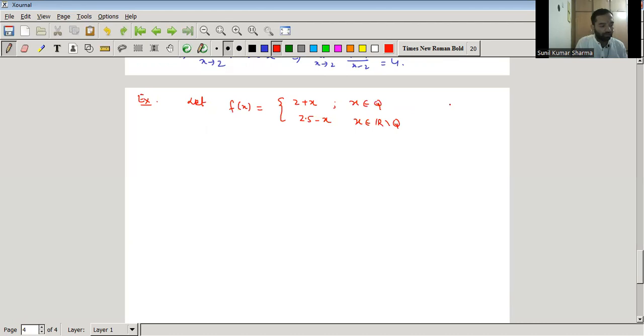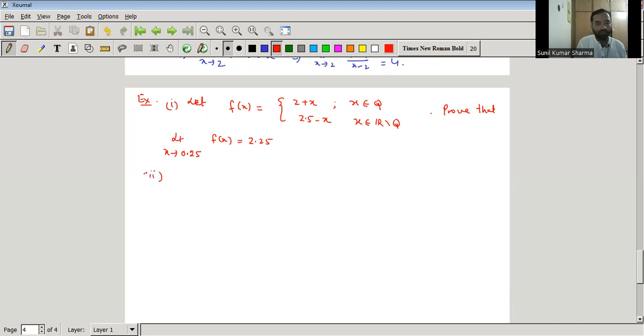So prove that limit x goes to 0.25, f of x is equal to 2.25. This is the first part.